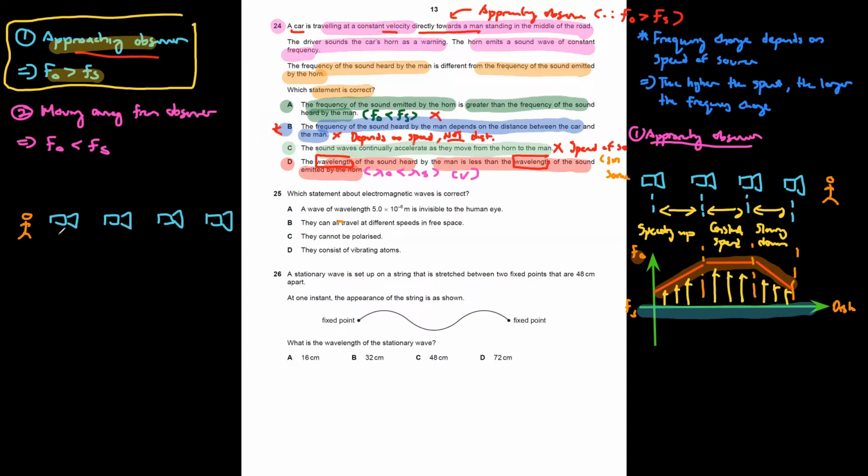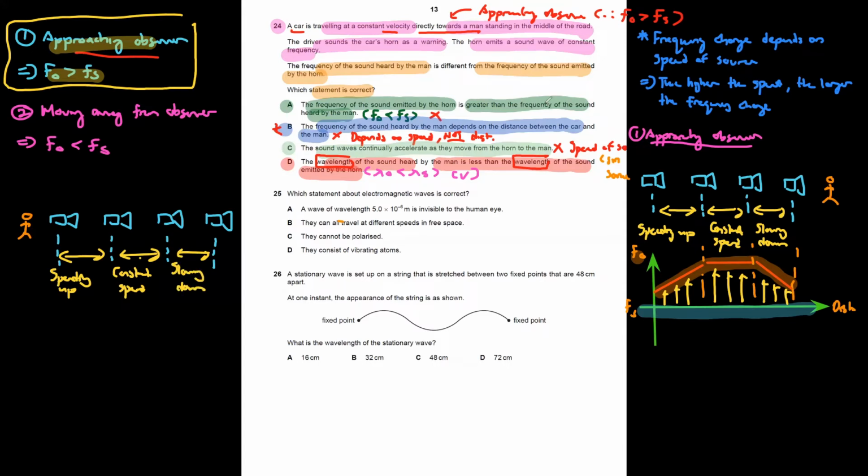Same thing again. We consider a case where this one is speeding up, this one is constant speed, and then this one is slowing down.